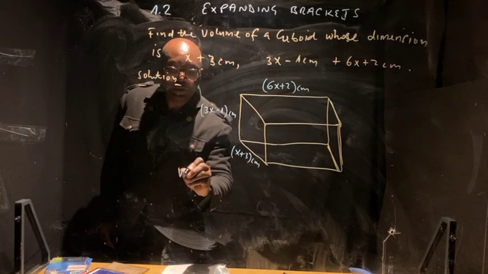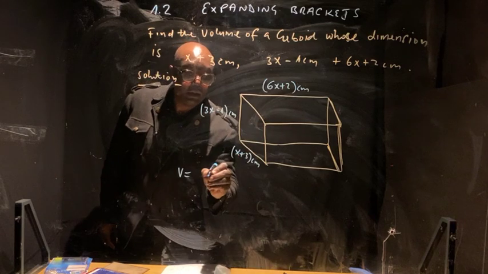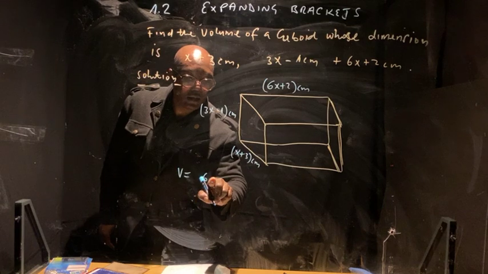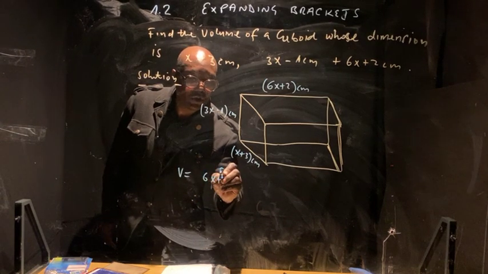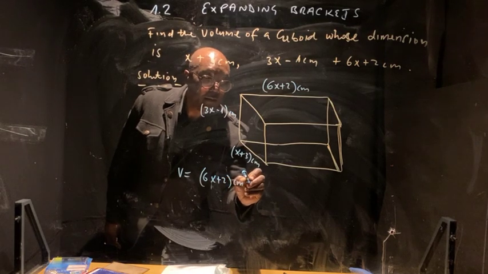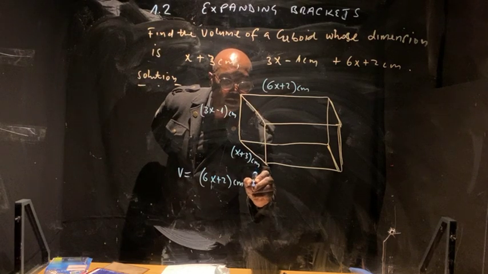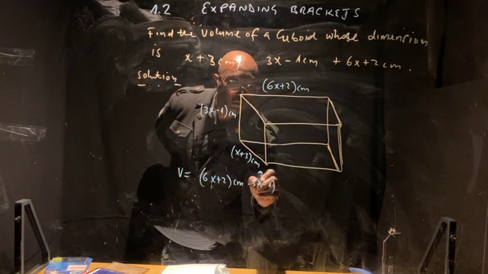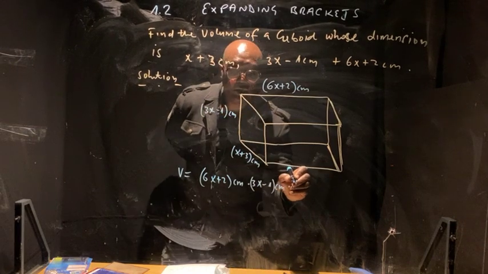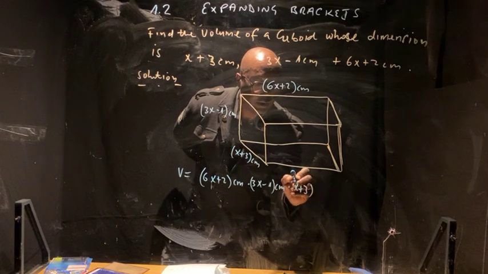Volume is equal to length times breadth times height, so we can multiply: 6x plus 2 centimeter multiply to 3x minus 1 centimeter multiply to x plus 3 centimeter.